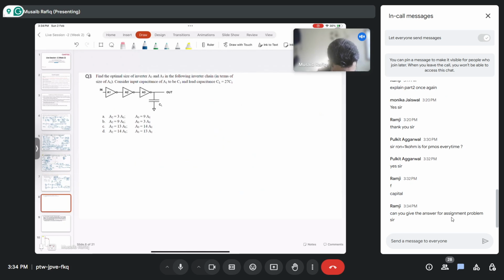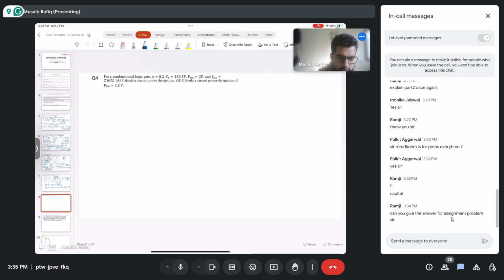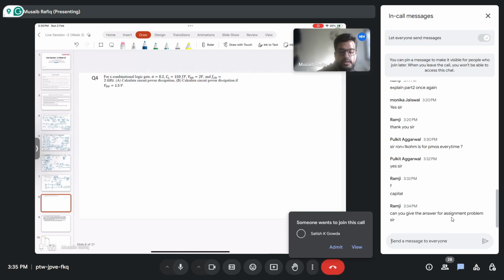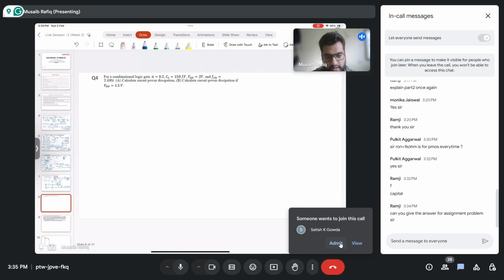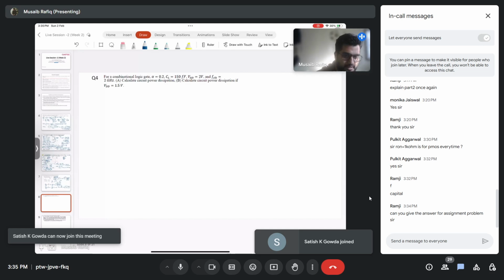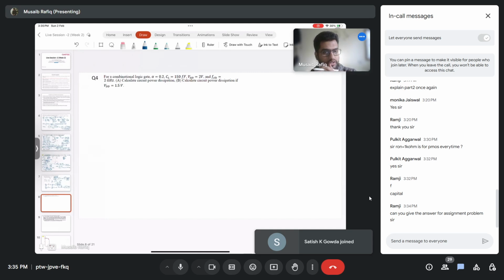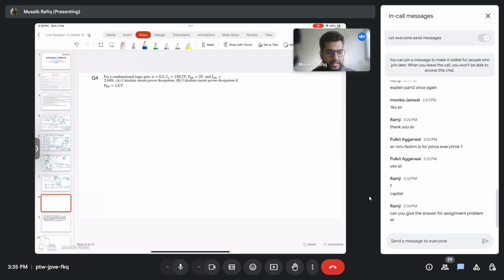Now, moving to question 4, no, I can't. Sorry. There are clear guidelines, and I discussed this last time as well. I will show questions that are in accordance with or somewhat related to the assignment problems, or maybe slightly tougher or easier ones, but I can't show the exact assignment problems here. That is the guideline given to us, and I have followed it over the last 3 years.